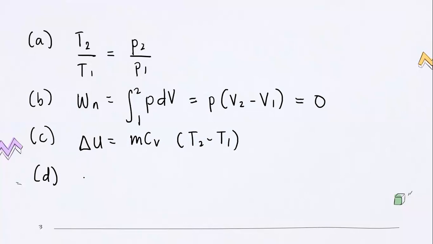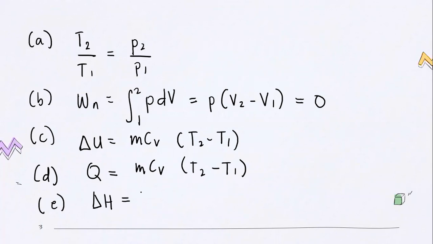Letter D, formula for the heat transferred. The heat transferred is equal to mCv (T2 minus T1). Okay. If you notice, the same formula for delta U and heat under the isometric process. Letter E, the change in enthalpy, which is equal to mCp (T2 minus T1). Again, your Cp is the constant pressure specific heat.